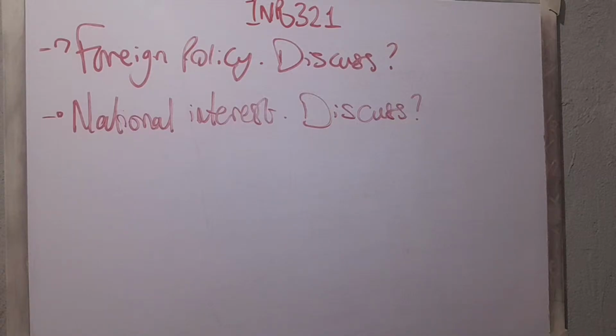And like we have said, political interest, economic interest, and security interest. Based on these three things, the country's foreign policy is being fixed, structured, and organized within the yardstick of its interest. So we have that as that.